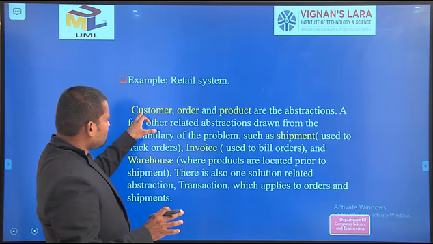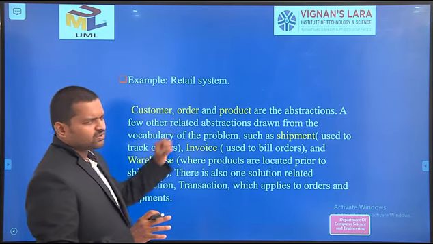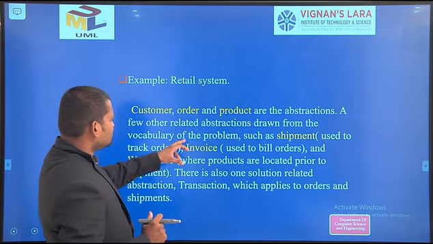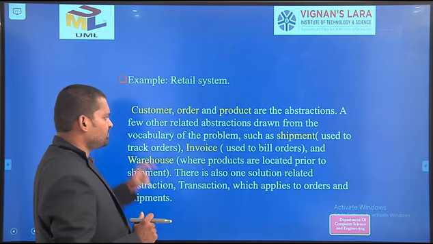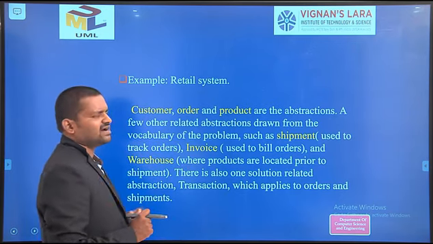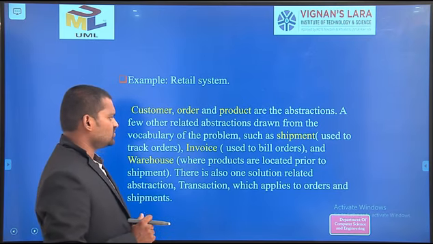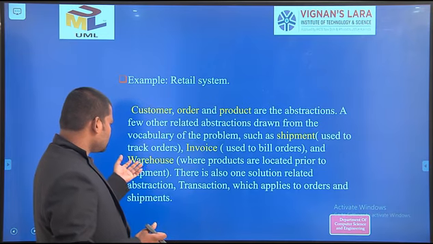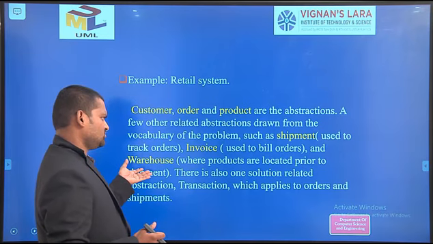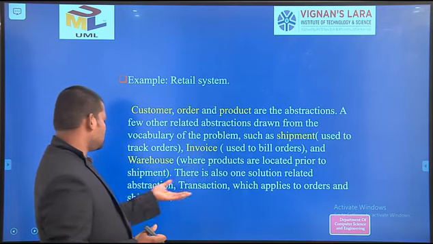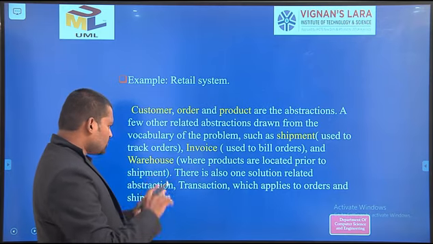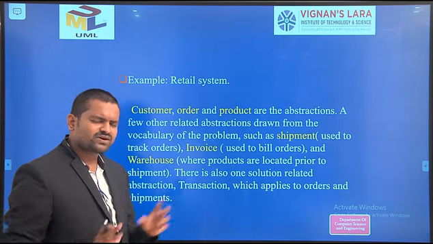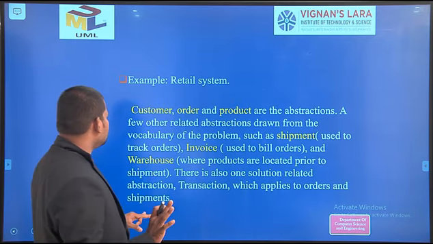Not only these, shipment is also there, used to track the order. Invoice is used to bill orders. And you may also use warehouse, where products are located prior to shipment. All these are abstractions, whatever they may be.